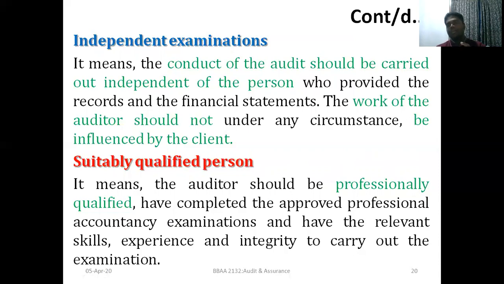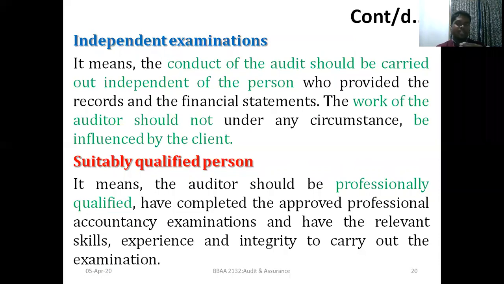They provide the required documents. The auditor every time asks for different documents. For example, the auditor asks them to bring the debtors record, creditors record, supplier records, fixed asset register, inventory register, and the bank statement records.